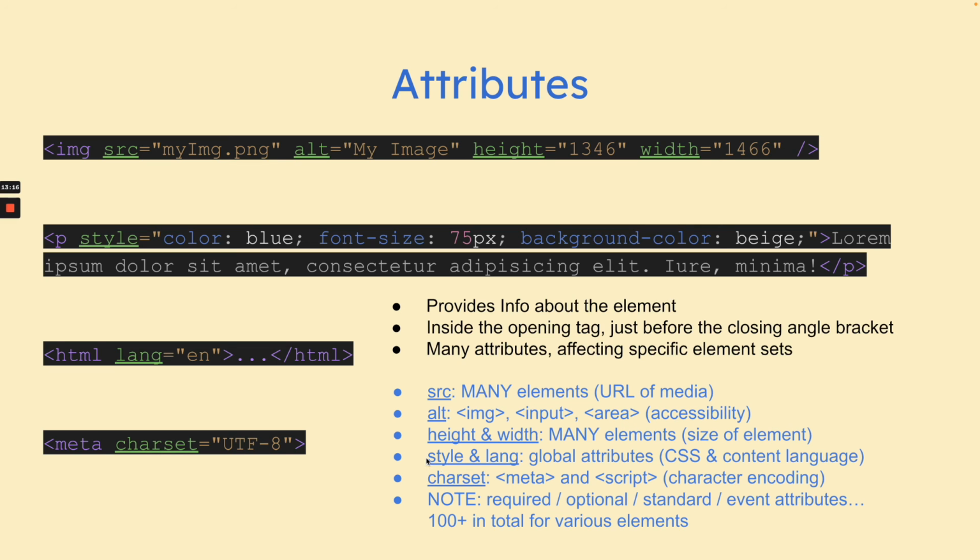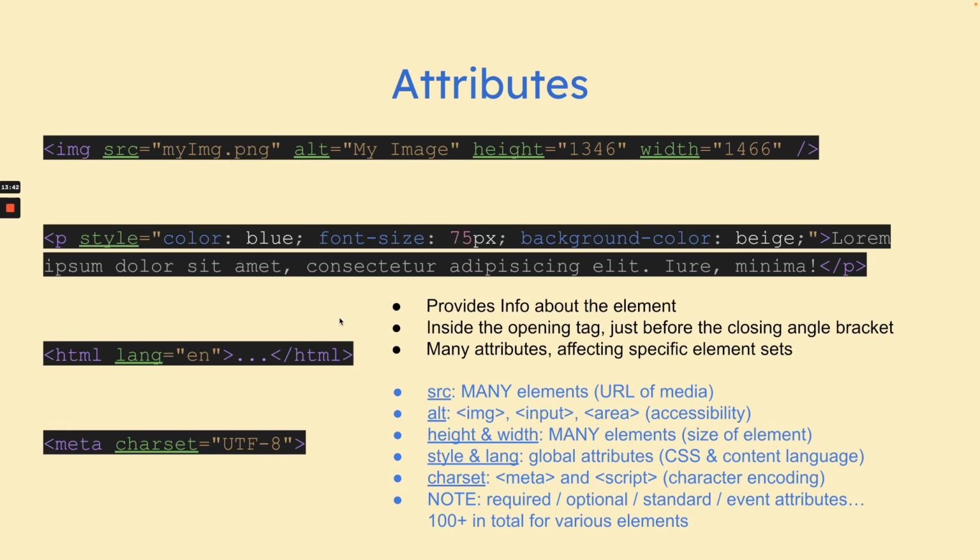Then the last thing to note here before we sign off is that some are required, some are optional, some are standard, and some are event-driven attributes. So you have like an onclick, where on the click we recognize it and then something happens. And that's an event attribute. A standard one is just one you can put on anything that you would like, like this language tag.